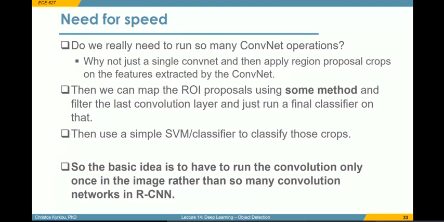And for every region, we extract a feature vector from the feature map that has been produced by the CNN, and we can classify that through a CNN or a linear classifier.